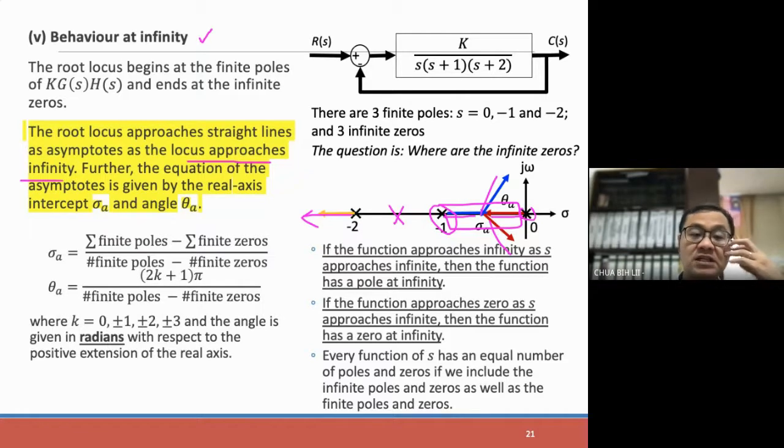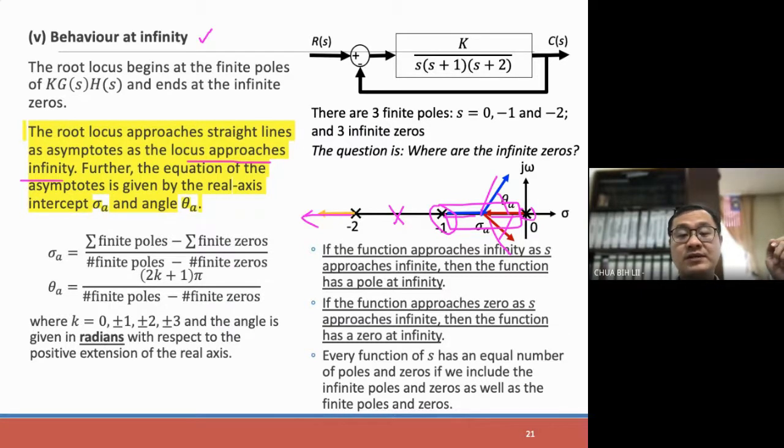So eventually we would see that there are three poles, and they will go into a direction such that they are equal, separately in terms of three lines.